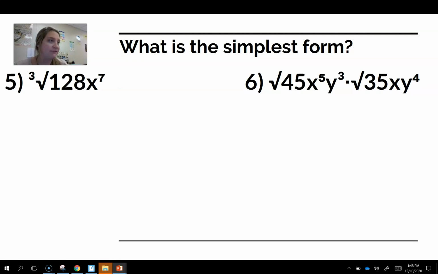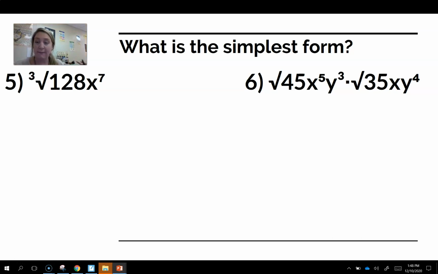All right, number 5, we have the cube root of 128x to the 7th. It's all under one cube root, so what I'm going to do is try to break it apart. The cube root of 128 doesn't work, right? It's a decimal. I can't use that. We're not using decimals. We're going to keep answers in radical form.